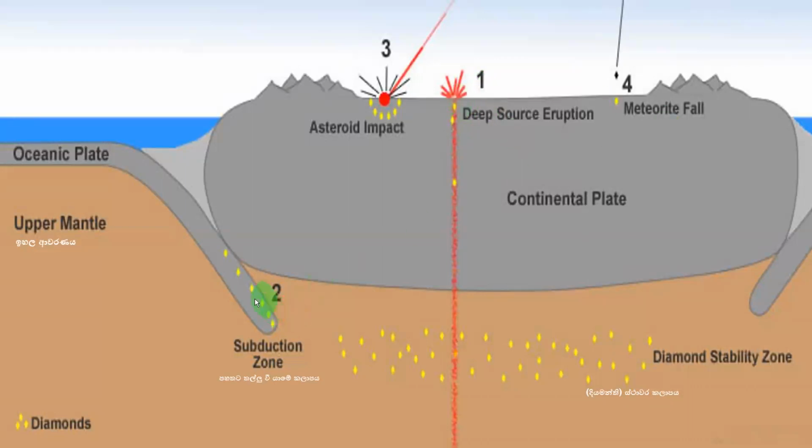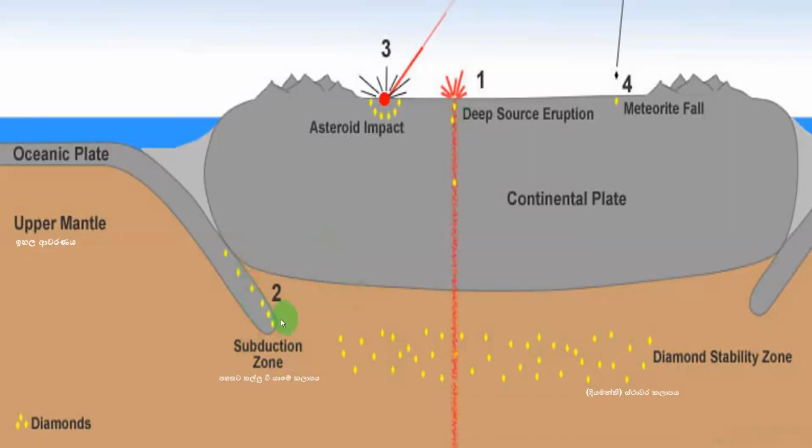Number 2 is the oceanic plate, which is always moving. The continental plate is also here, and then both meet together here with a big power. Then it creates diamonds. That is number 2, the subduction zone.